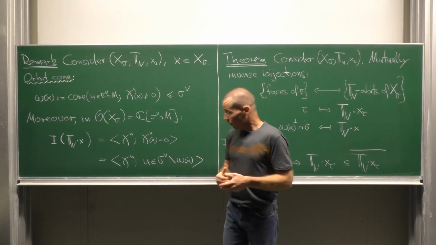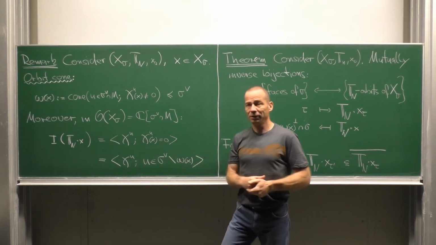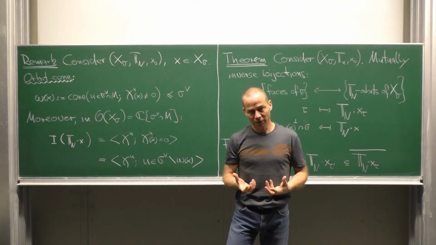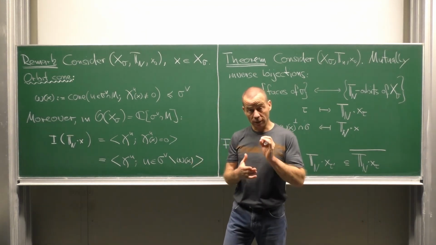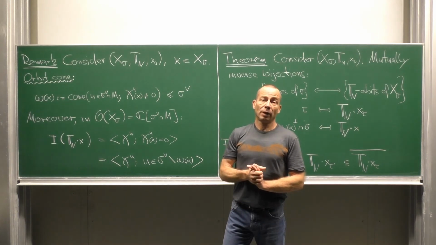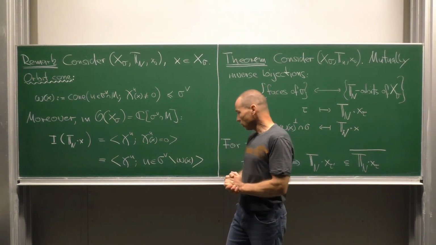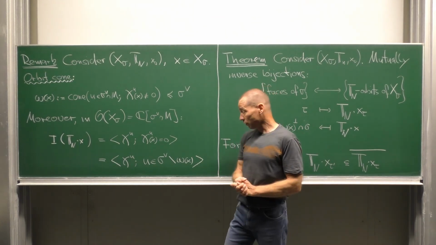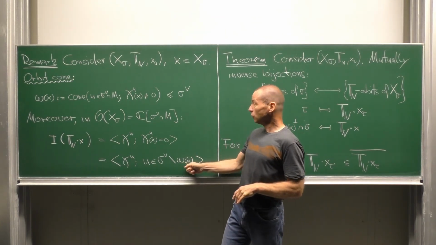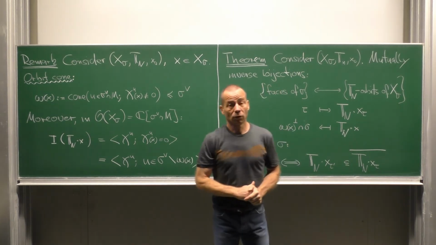Then finally, this ideal turns out to be the vanishing ideal of the torus orbit through a limit point, namely the limit point x tau, where tau is the face of sigma corresponding to the face omega x of sigma dual.